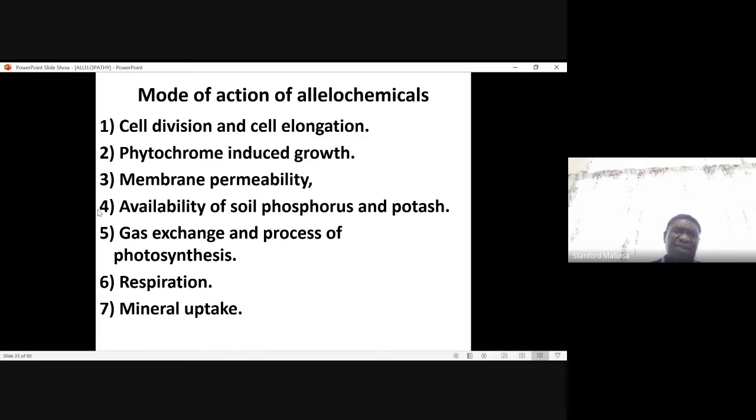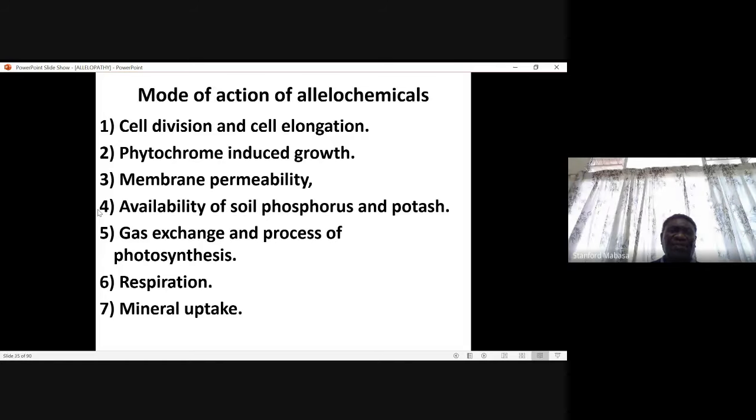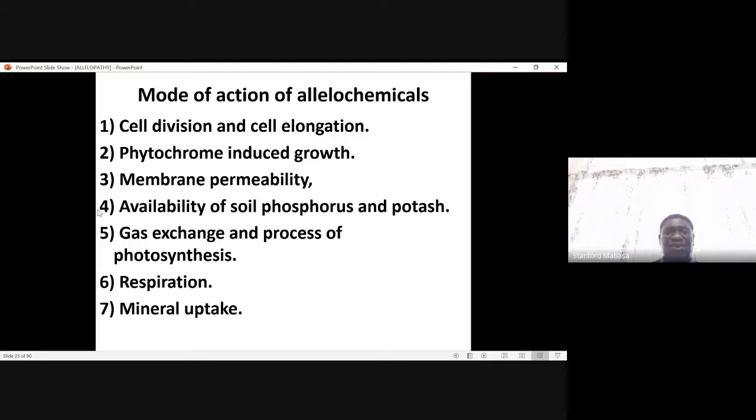Number one, allelochemicals can cause cell division and cell elongation. Probably they have some sort of hormonal effect. They can cause phytochrome-induced growth. They can affect membrane permeability.